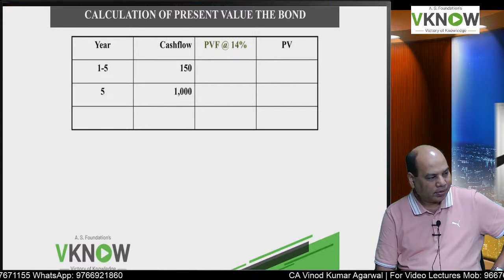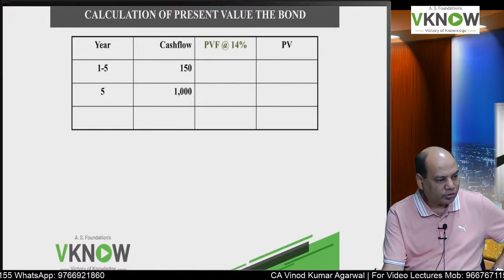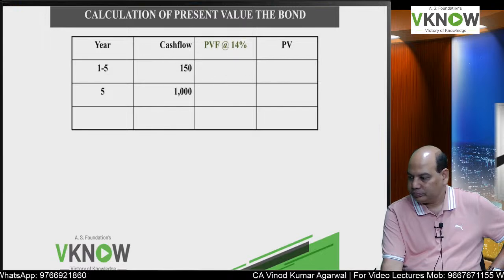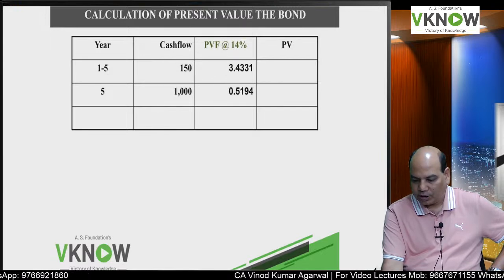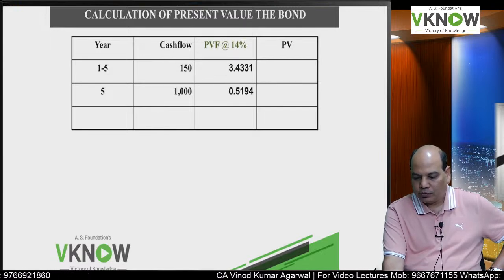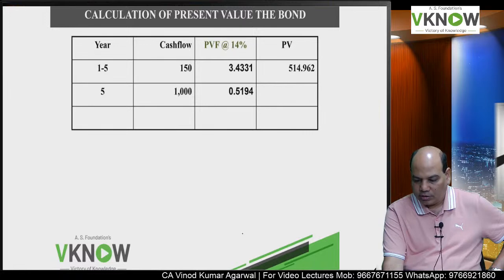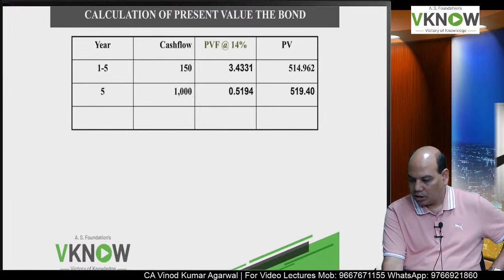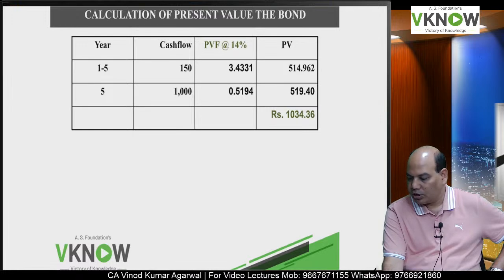First you take the factors 3.4331 and 0.5194, then you multiply and take the total. So please confirm, are you getting 1034.36?